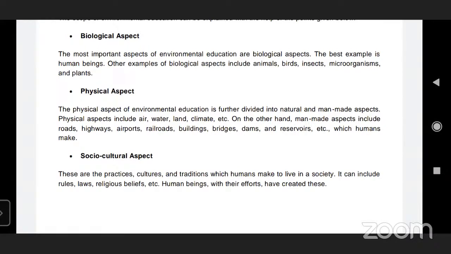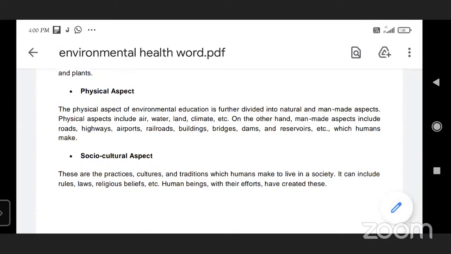The human beings with their efforts have created all these. So whatever the functional behaviors, or how our attitude is designed, isn't it?